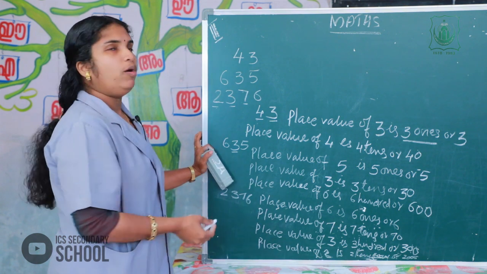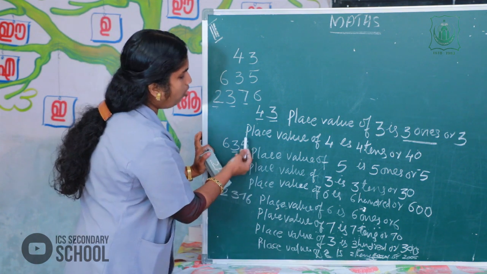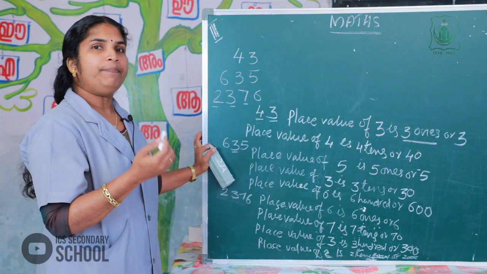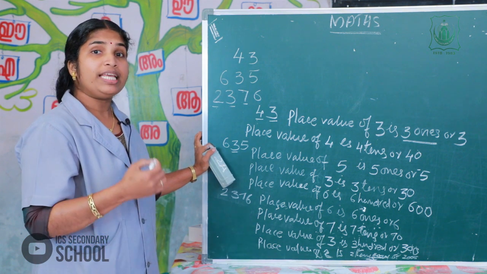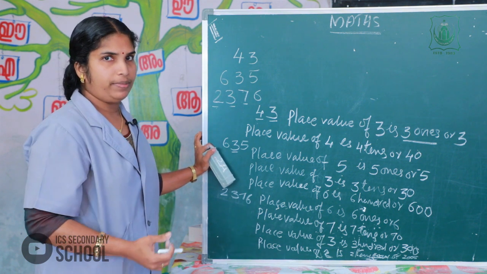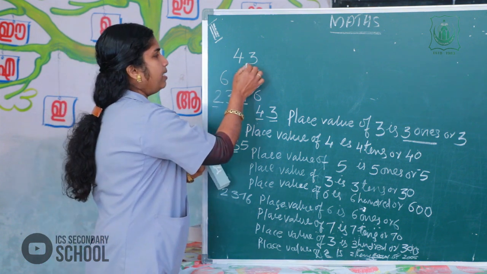In all the above examples, the place value of 3 varies from number to number. Here the place value is ones, here the place value is tens or 30, here the place value is hundreds or 300.